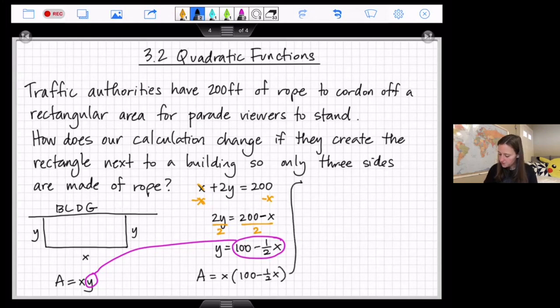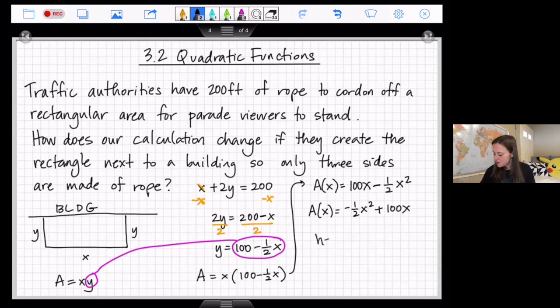And then if I distribute, so we'll call this A of X, and distribute my X, I get 100 times X minus 1/2 X squared. And again, for finding the vertex, if we want to write that in the other direction, negative 1/2 X squared plus 100X. So then I do my calculation for my vertex.